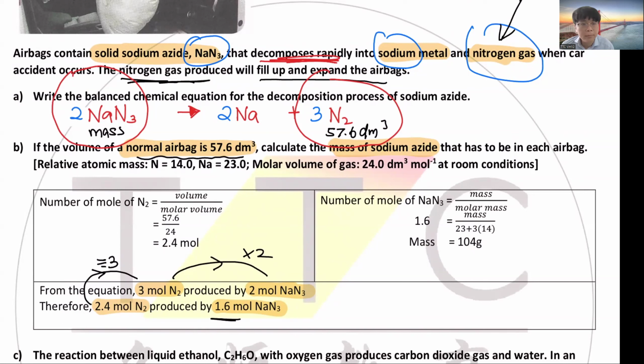Okay, so far you're okay for this question? You know how to get the ratio, the 2 and 3 ratio. But this one is reversed because I have this to find this. So I got 3 back to 2.